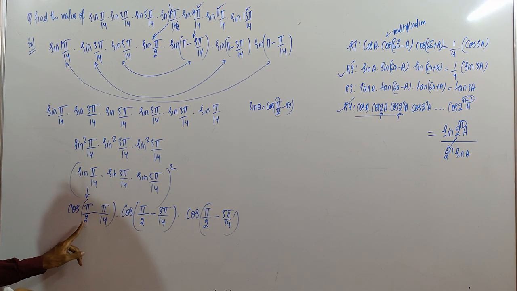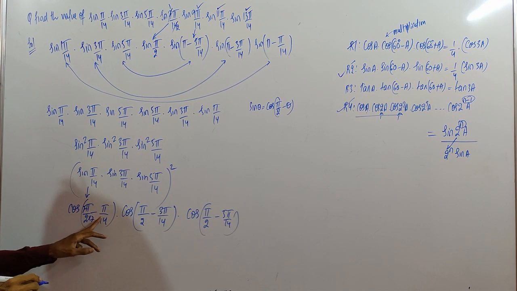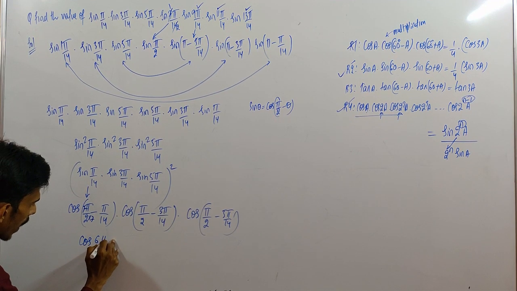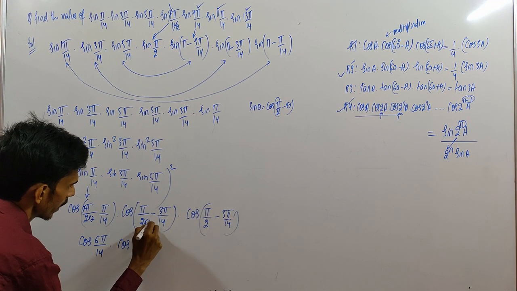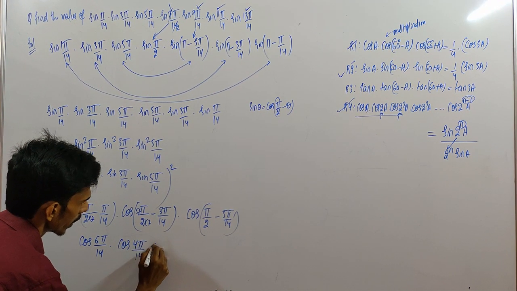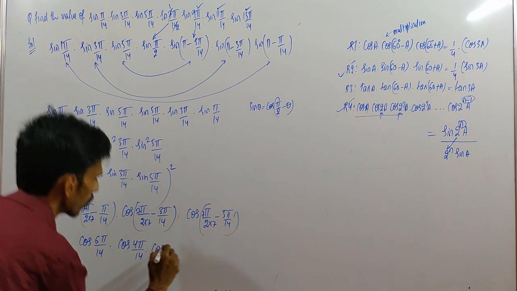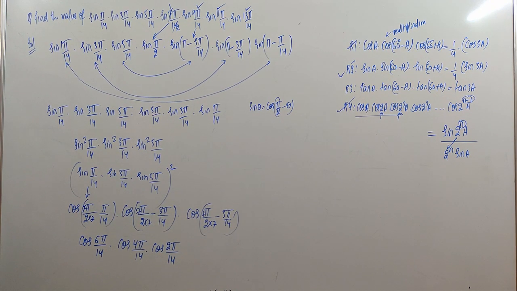Here we have 14, convert this 2 into 14. So multiply 7 and 7 here. 7 minus 1 we have 6. So it will become cos 6 pi by 14. Cos, multiply 7 here and 7 here. 7 minus 3, 4. 4 pi by 14 into cos, 7 here and 7 here, 7 minus 5, 2. 2 pi by 14.